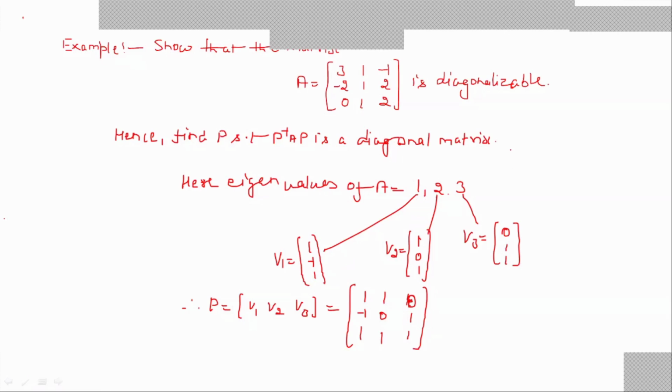Now obtain the matrix B, which is equal to A squared plus 5A plus 3I. Can you find this?